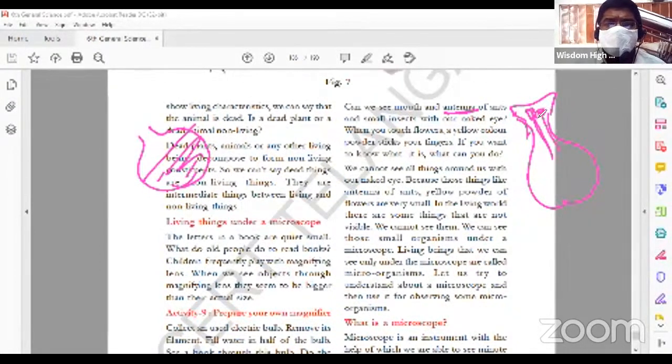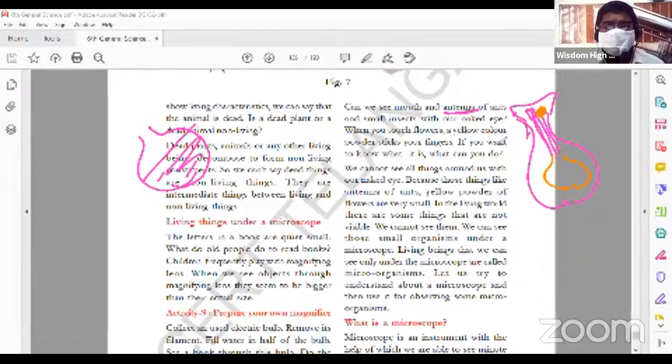Above the pistil, you can identify a powdery-like substance. It should be in yellow color, so that sticks to our fingers. If you want to know what it is, what can you do?